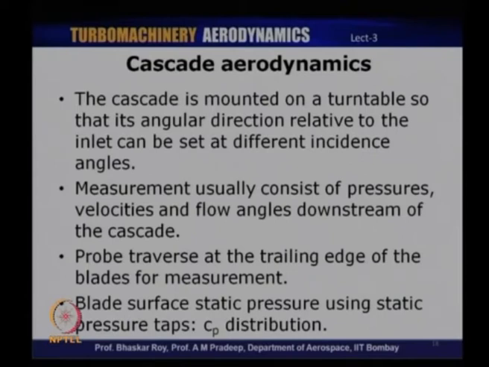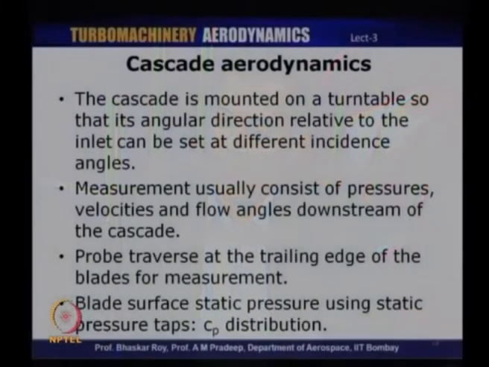Now, a typical conventional cascade will consist of a turntable on which all the blades are mounted, and the turntable will enable us to rotate the blades so as to change the angle of incidence of the flow. In a conventional cascade, one would like to measure the surface pressure distribution of the blades and also the stagnation pressure loss taking place across the blades.